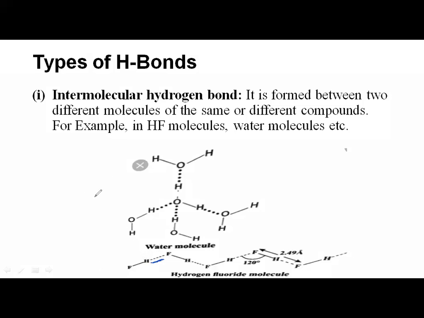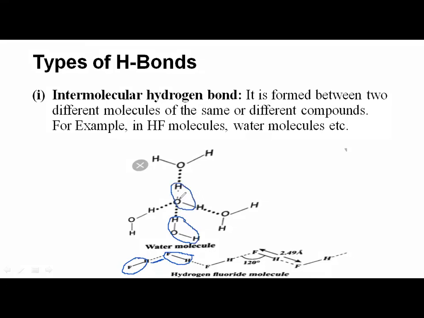We have two types of hydrogen bonds: intermolecular hydrogen bond and intramolecular hydrogen bond. Intermolecular means between two molecules, as in HF, where this is one molecule and this is another molecule. So between two molecules there is hydrogen bond between hydrogen and a more electronegative atom. Similarly in water you can see there is intermolecular bonding: hydrogen of one molecule and oxygen of the other molecule.